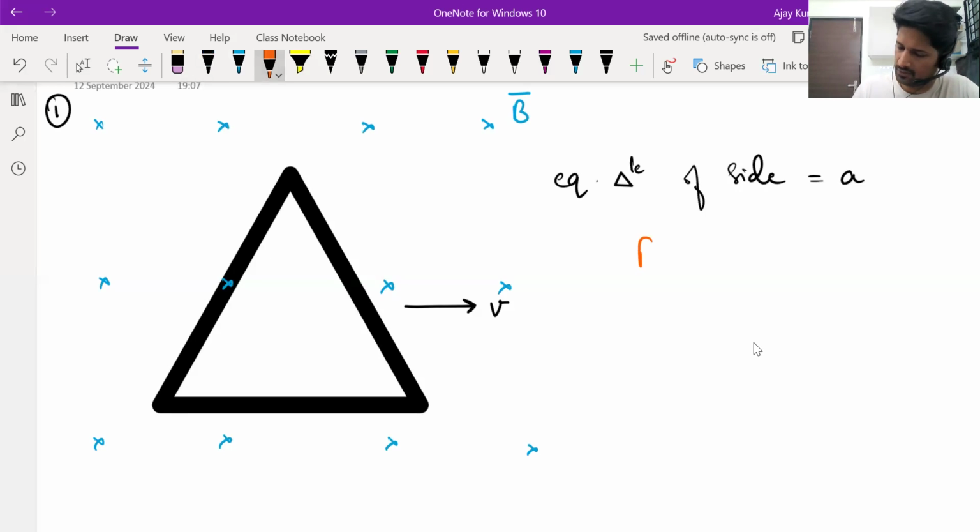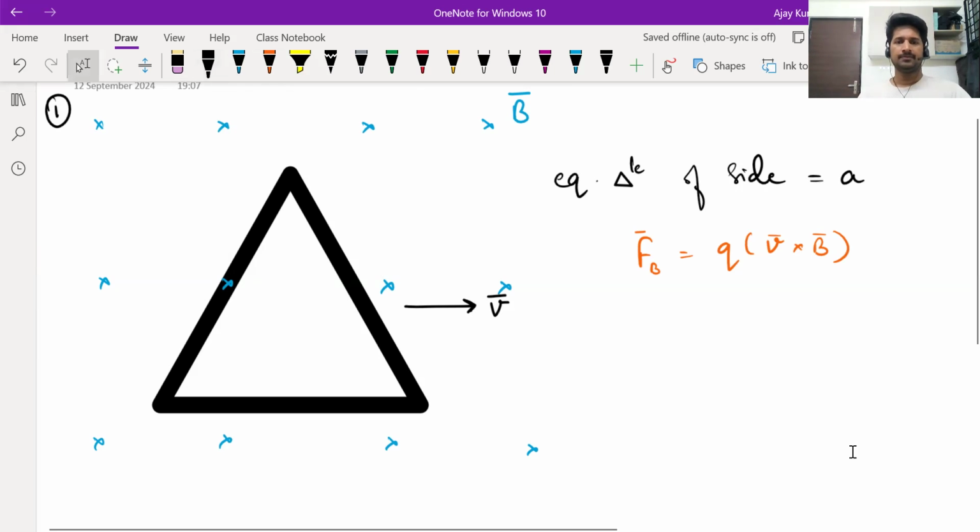Force due to magnetic field on any charge is given by Q V cross B, right? So if charge is positive, force will be in the same direction as V cross B. If charge is negative, force will be opposite to V cross B. Now you look at the direction of velocity and magnetic field and tell me, what is the direction of V cross B in this situation?